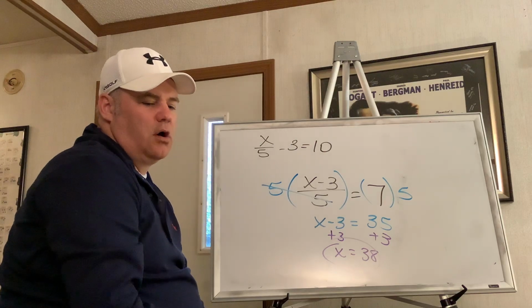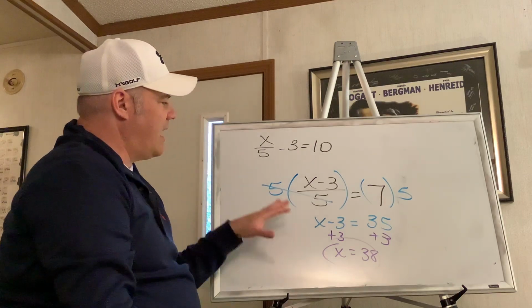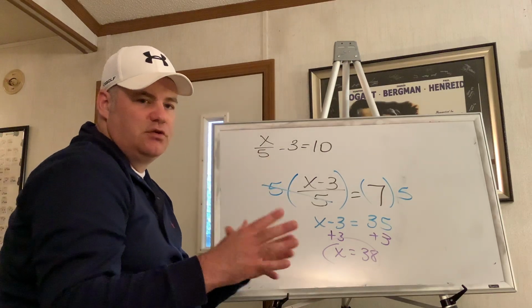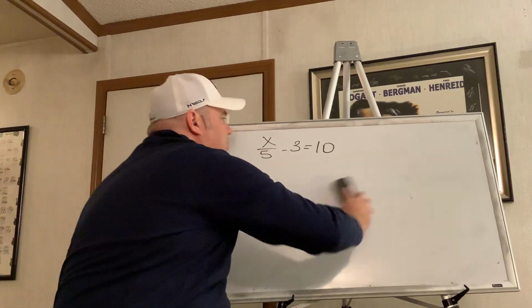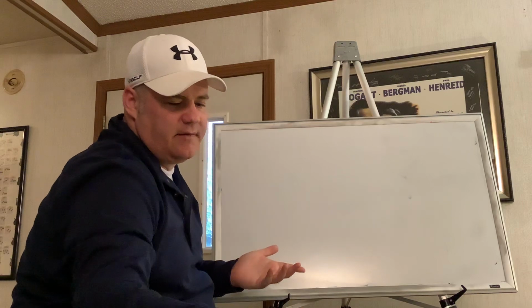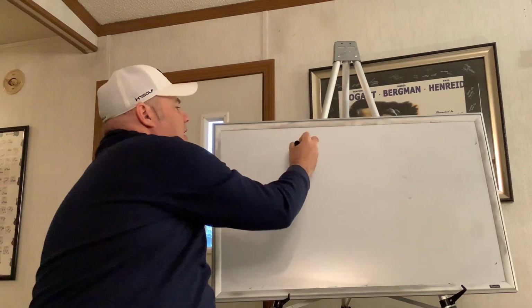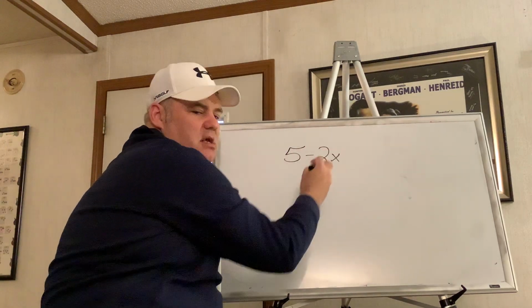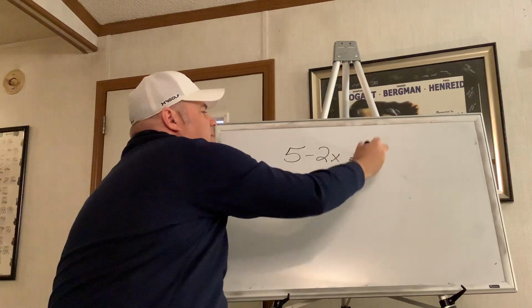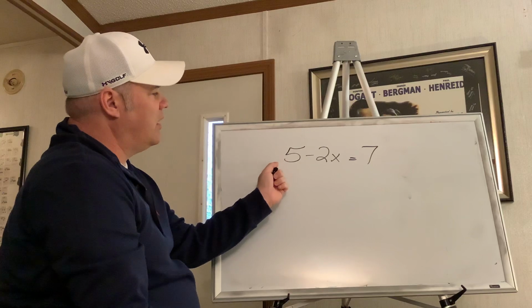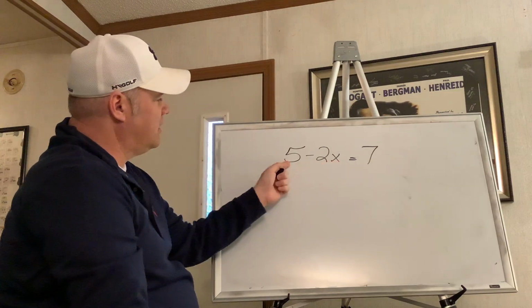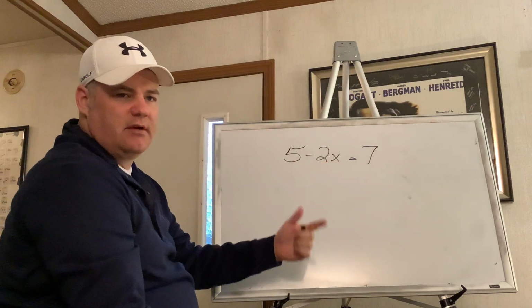Okay, so that's doing all the different kinds of two-step. The one last one I want to put up there is in case this happens where you have 5 minus 2x equals 7, where these have been flipped place-wise. You still don't want to divide the whole thing by 2 first, because you're going to have 5 halves and it's going to be a fraction.